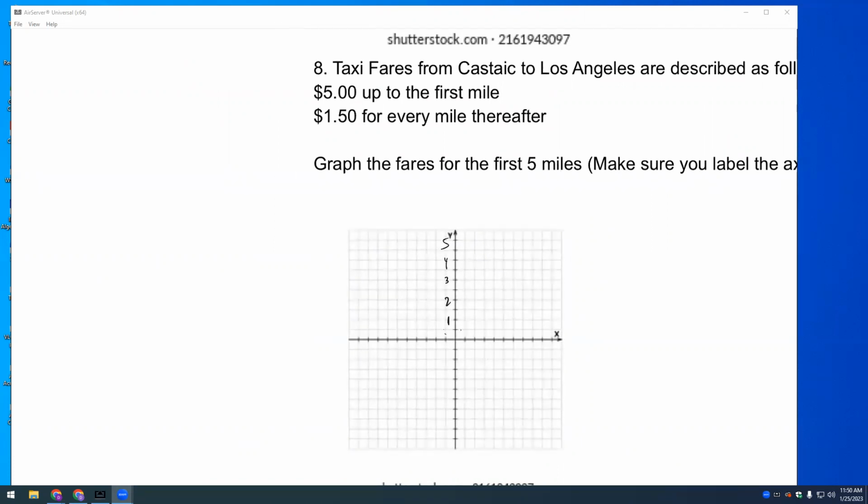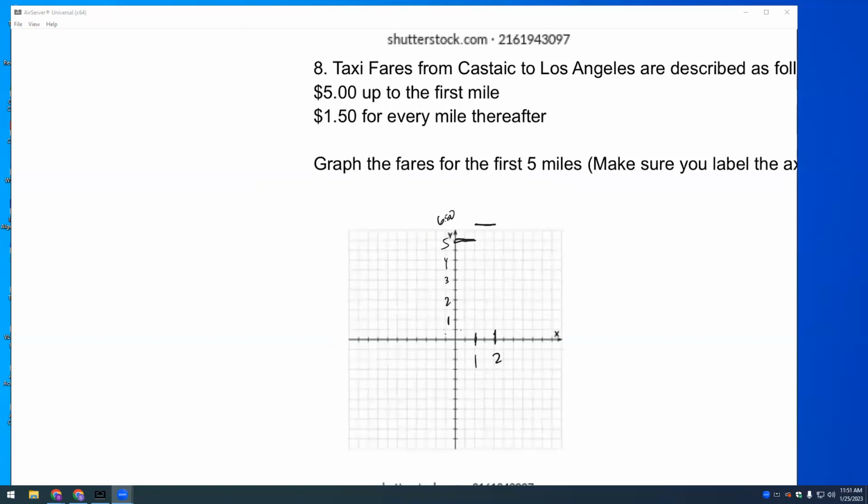All right, so $5 for the first mile. Let's say this is 1. It'll be $5. Then between the mile after, what happens? It goes to $6.50, so you just put 6.50 right here.